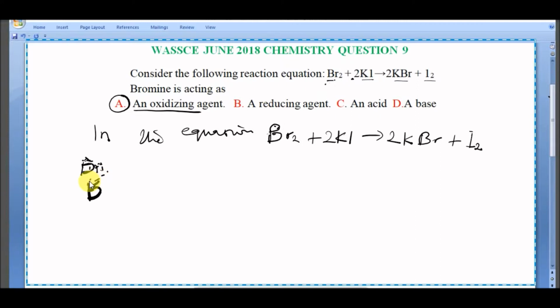So if we are able to determine the oxidation number of the bromine, we will be able to know whether it is increasing or decreasing.